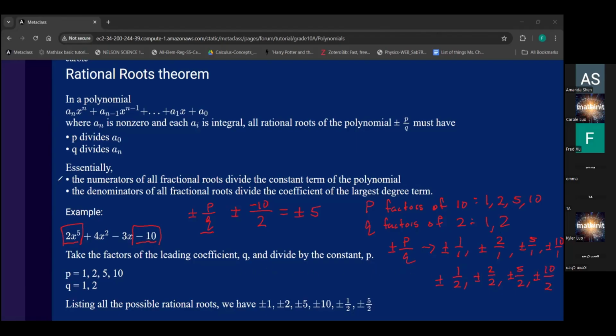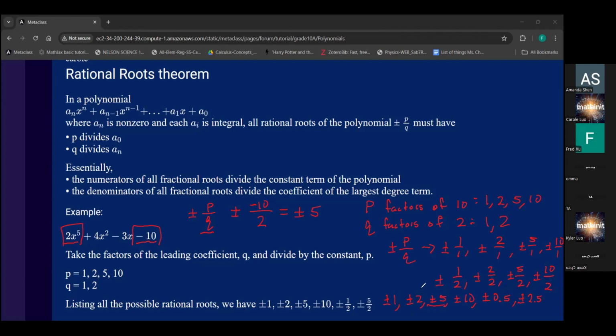And you can simplify all these, right? So that's plus or minus 1, plus or minus 2, plus or minus 5, plus or minus 10, plus or minus 0.5. 2 divided by 2 is just 1, and you already put 1 over here, so you don't have to rewrite it. 5 over 2 is plus or minus 2.5, and then 10 divided by 2 is just 5.